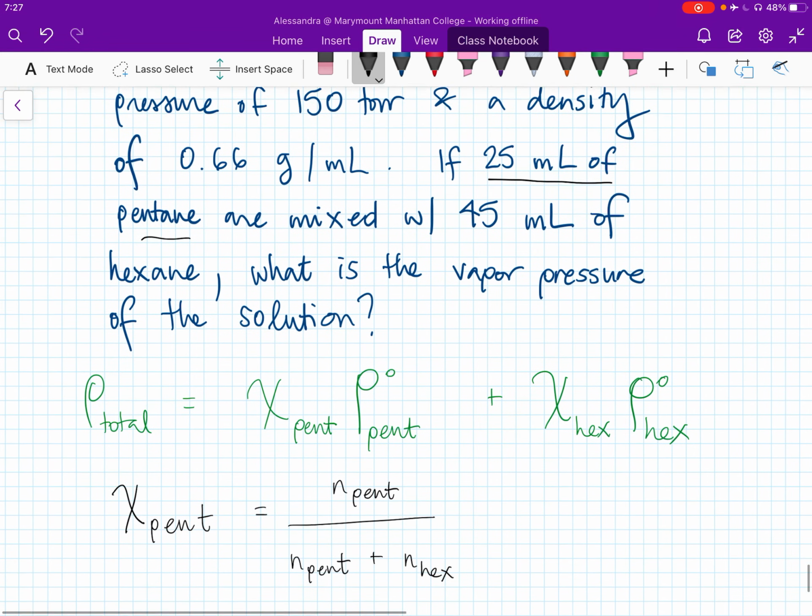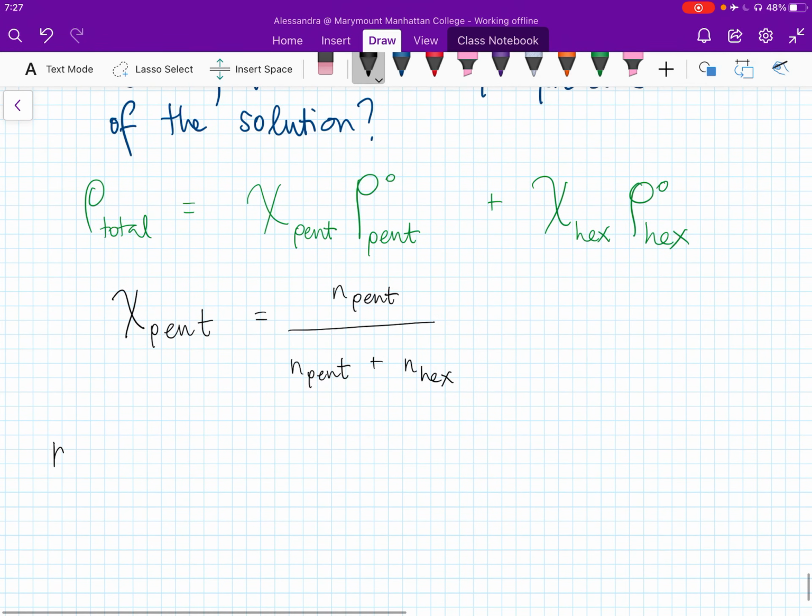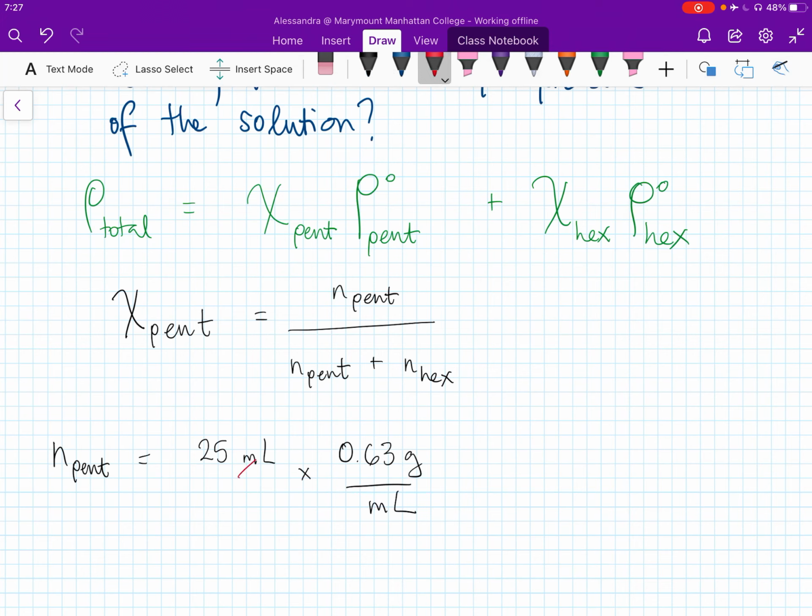So in order to calculate the number of moles of pentane, I can use the volume, multiply it by the density, 0.63 grams per mL, and that serves to get rid of the units of volume and leave me with grams. And then I can multiply it by the reciprocal of the molecular weight.